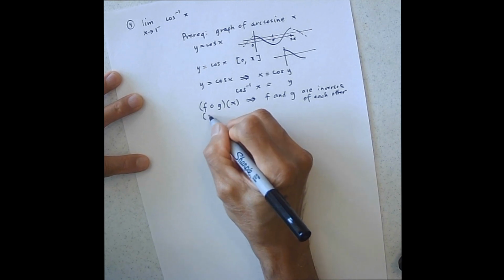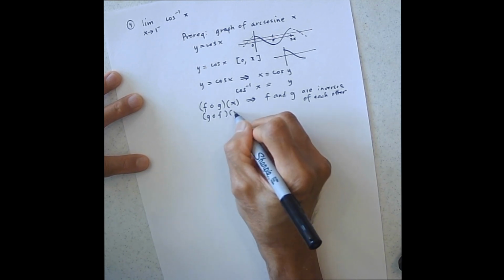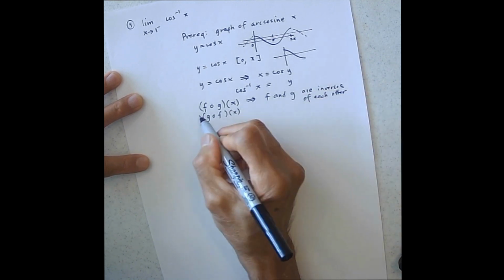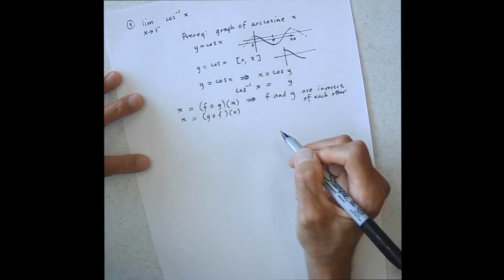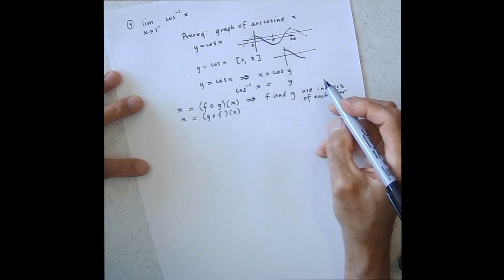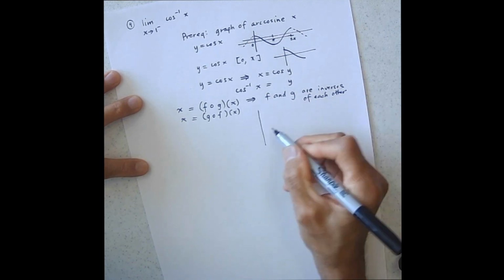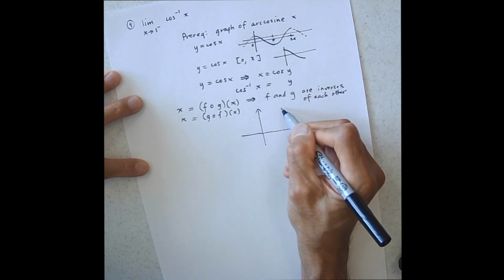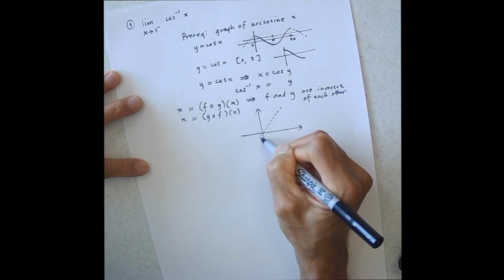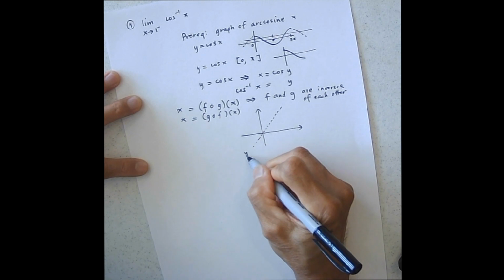And it goes both ways, g of f, and these are equal to x, okay? Graphically, two functions are inverses if they reflect each other over the line y equals x. So this is y equals x.